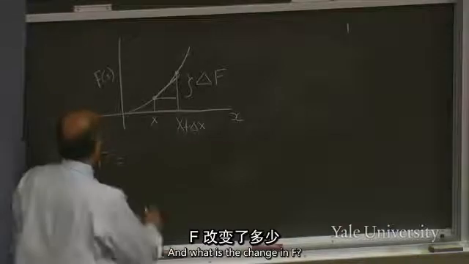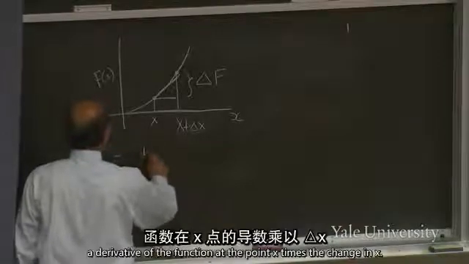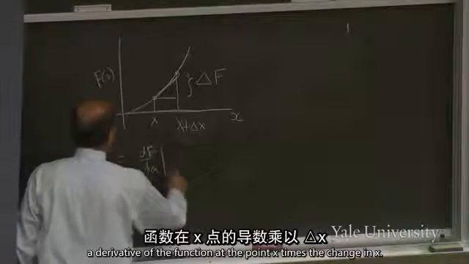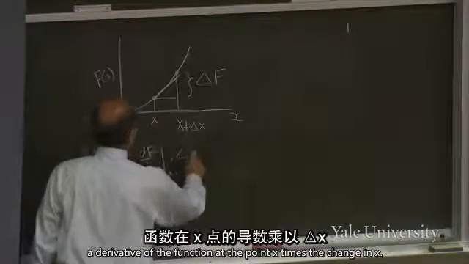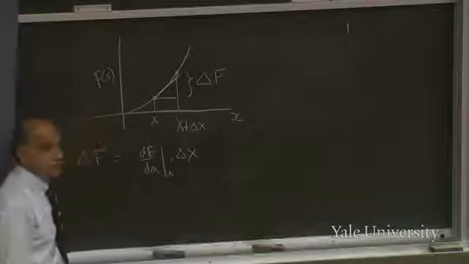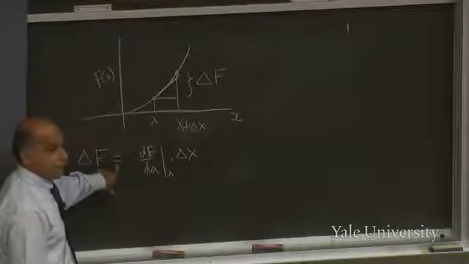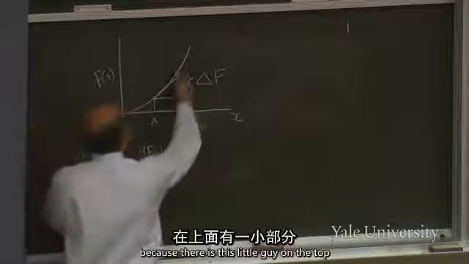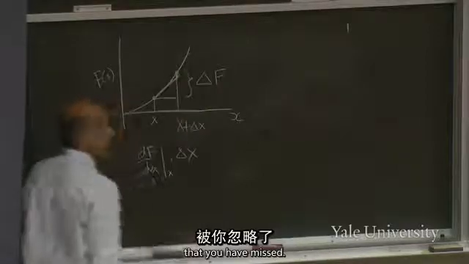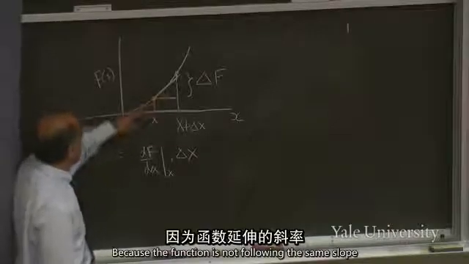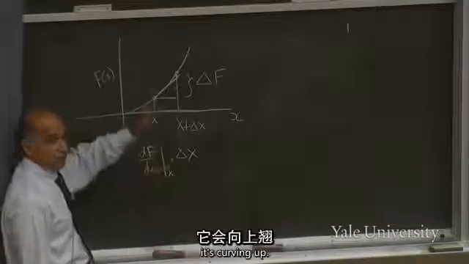And what is that change in f? That change in f is the derivative of the function at the point x times the change in x. But it is not an equality. It's not an equality because there is this little guy on the top that you have missed. Because the function is not following the same slope that you had to begin with, it's curving up.